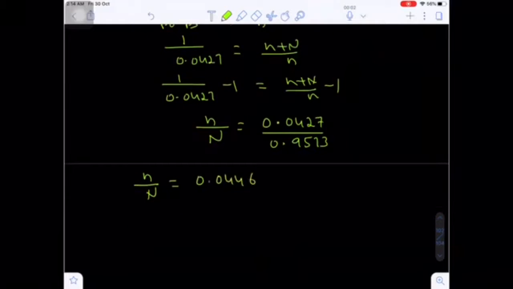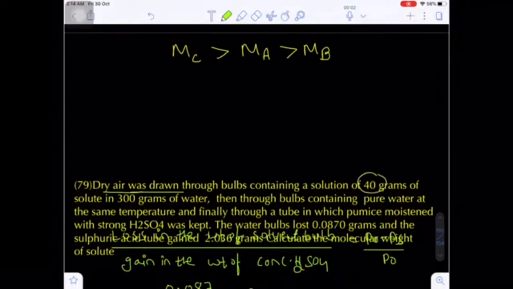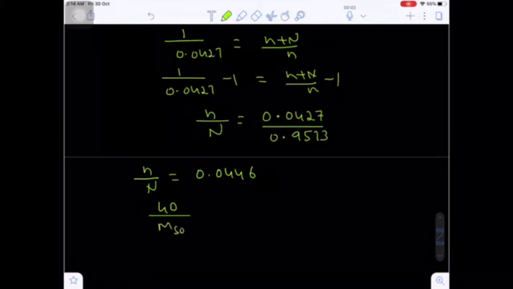Now the simplification of small n by capital N completely gives 0.0446. The number of moles of a solute is nothing but given mass upon molar mass. What is the mass of the solute here in the question? 40 grams. So 40 grams of solute divided by the molar mass of the solute. Do you know the molar mass? No, that is to be calculated.